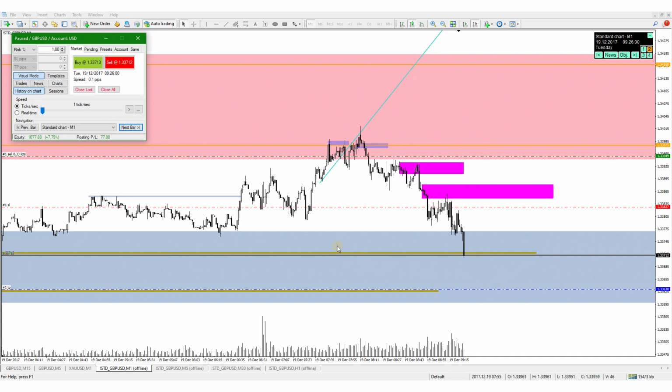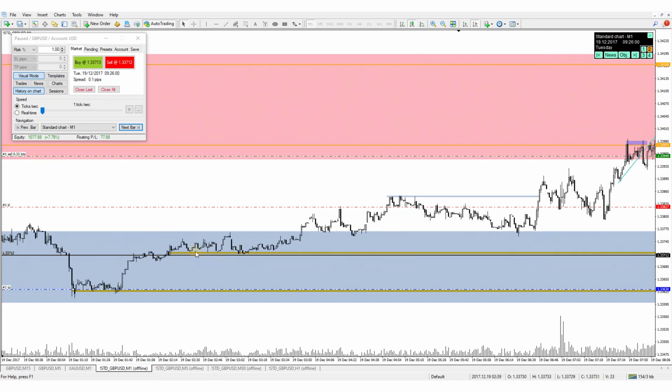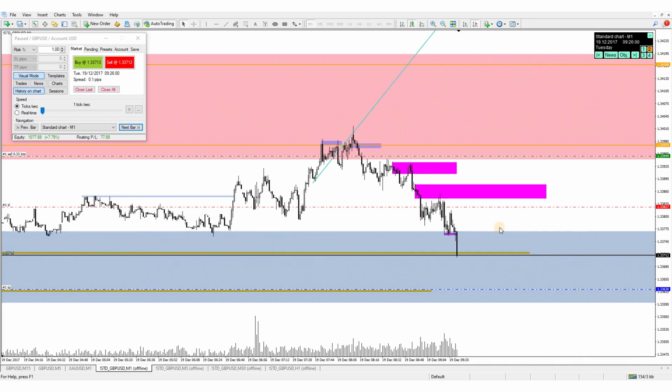Every moment there could appear the buyers. Even this price action here, this little box could be a support, and we have here the range, the golden level with equal lows, so price can make a liquidity grab here.